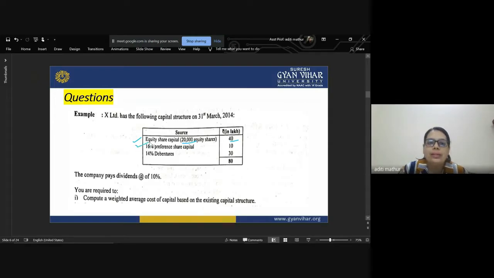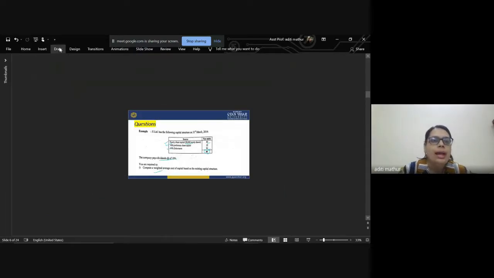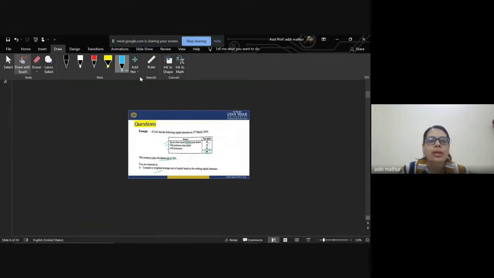Then it is 16% preference share capital of 10 lakh rupees, 14% debentures of 30 lakh, and overall capital is 80 lakh. The company pays dividend at the rate 10%, and we have to calculate the overall cost of existing capital structure. So as I have said, we will first prepare a table, and with the help of the tables, we will be solving the questions.